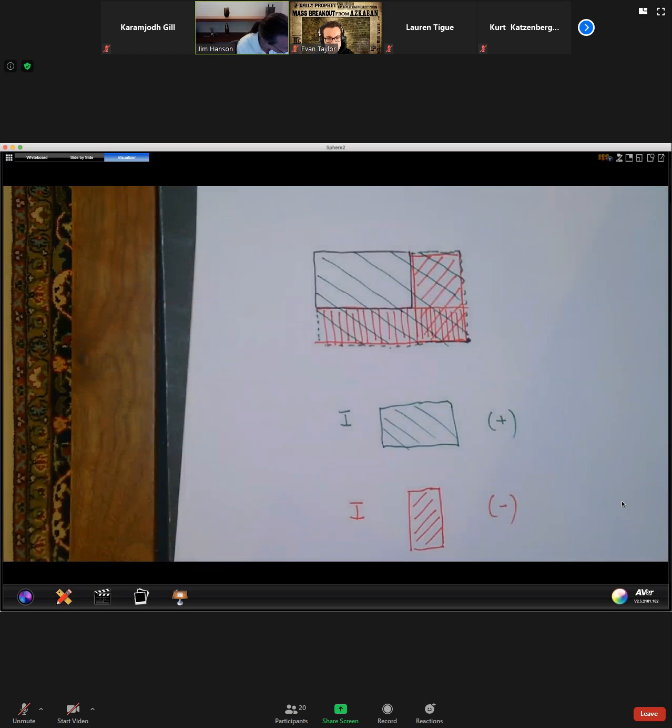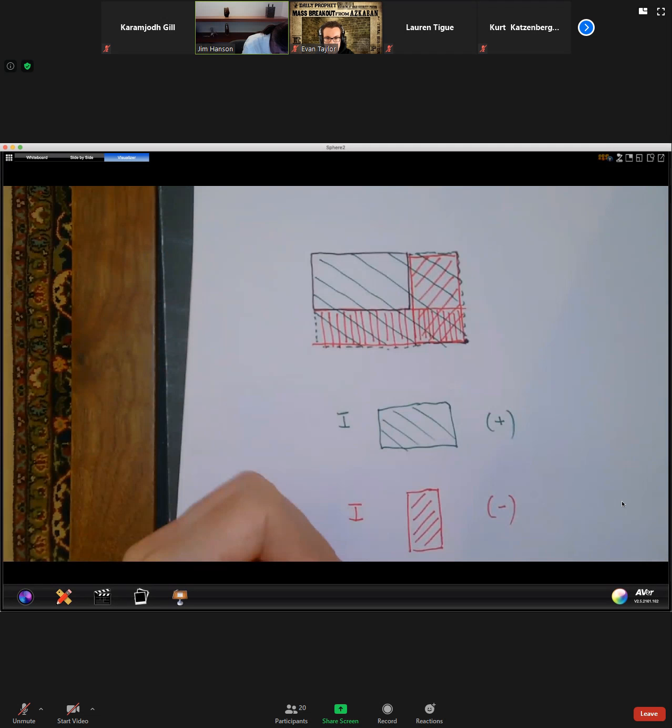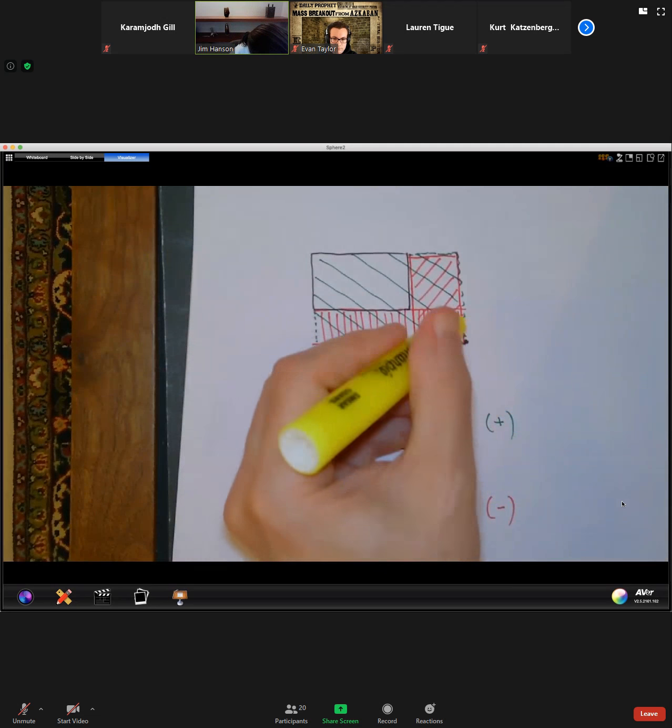So now we got a real long one with vertical lines on it. That's negative. However, there's this area down here which is problematic in that it's been subtracted twice.